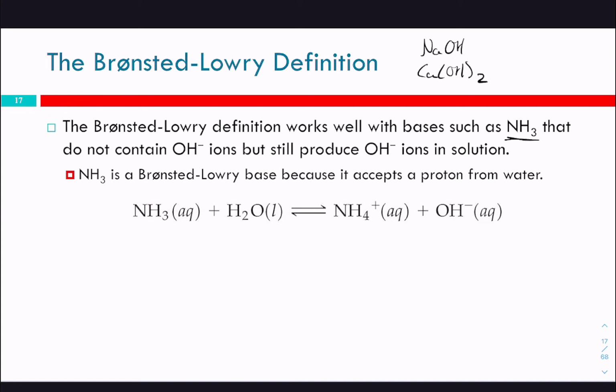That's because when you add it into water, it takes a hydrogen from one of the water molecules, forms NH4 plus, and then an OH minus ion. And by the Brønsted-Lowry definition, it is a proton acceptor, which is a base.